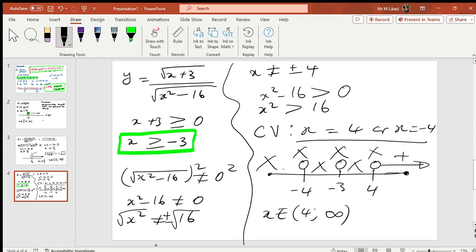If you listened very well and you understood what I said, you'll always get this correct, because either you have only one restriction in the numerator or in the denominator only, or both numerator and denominator.